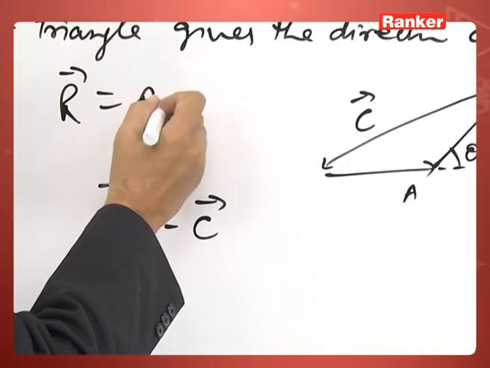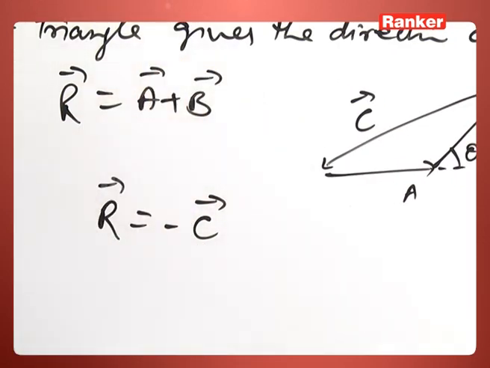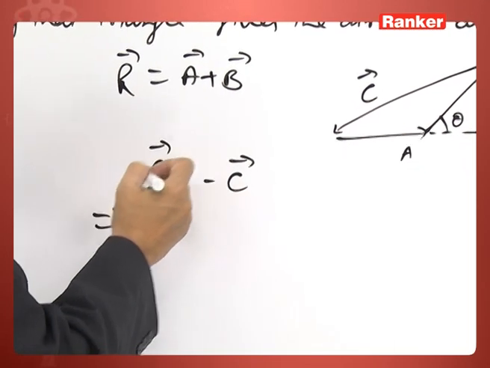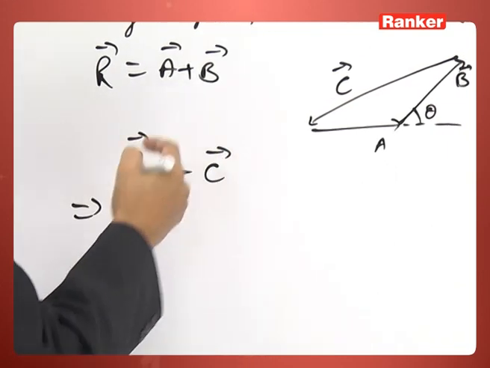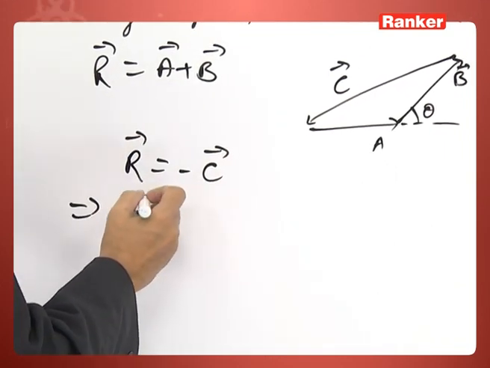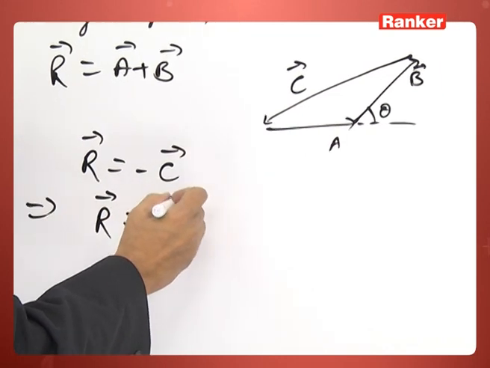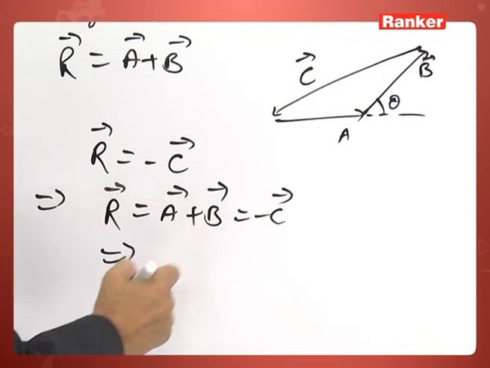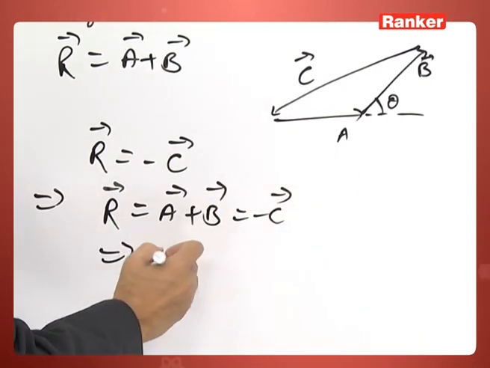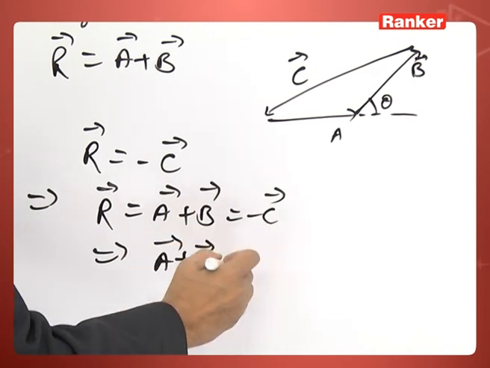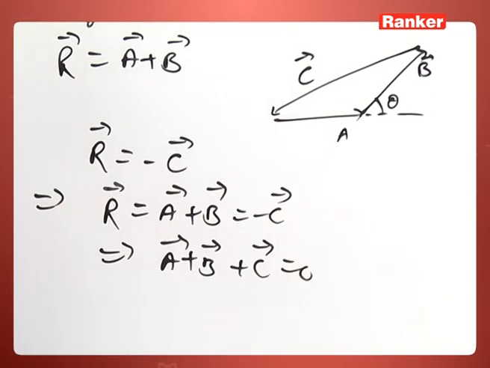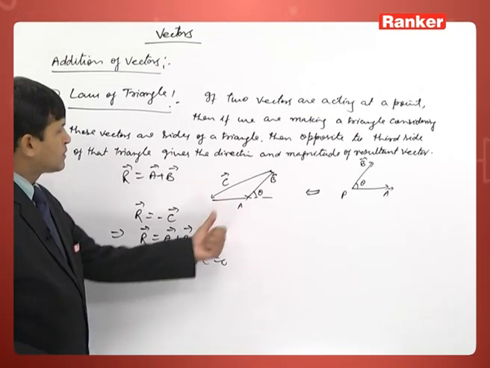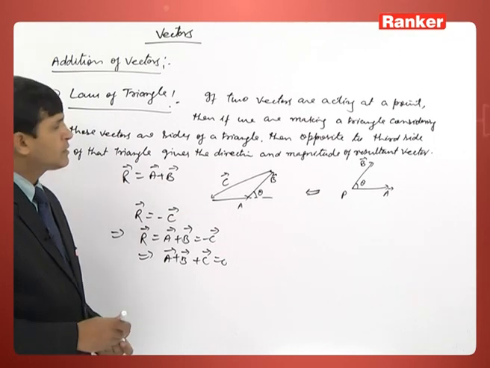R is nothing but A plus B. So this resultant R is equal to A plus B, which is equal to minus C. So from here, A plus B plus C is equal to 0. The resultant of A plus B is opposite to this vector C.